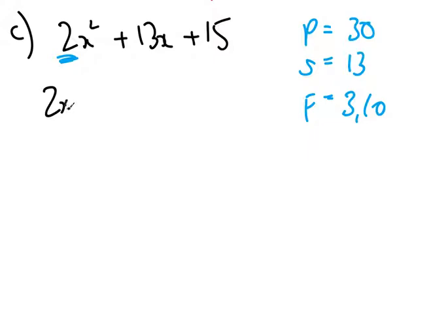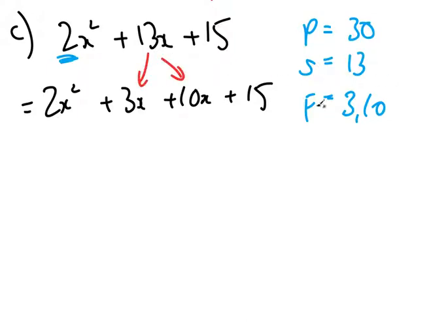Alright, so 2x squared plus 3x plus 10x plus 15. Okay, so this 13x here has been broken up into my 3x and my 10x. So this is equal to, factorize the first half here, grouping into pairs.